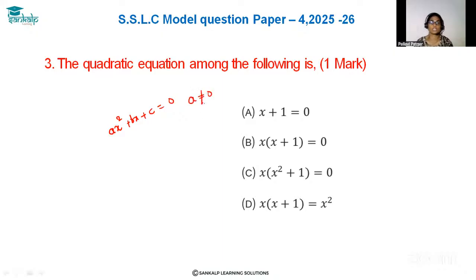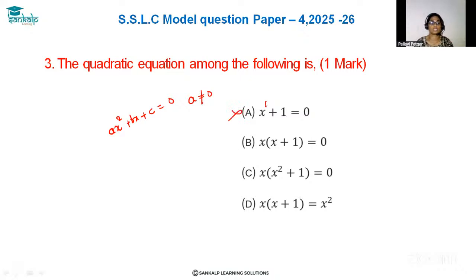So we have to look for the option where the highest power is 2. Observing the first option, this is a linear equation because the highest power of x is 1. So it is not a quadratic equation.